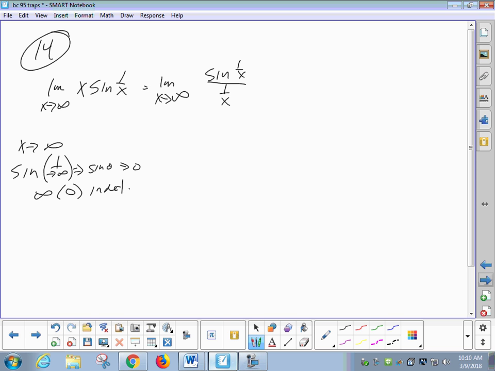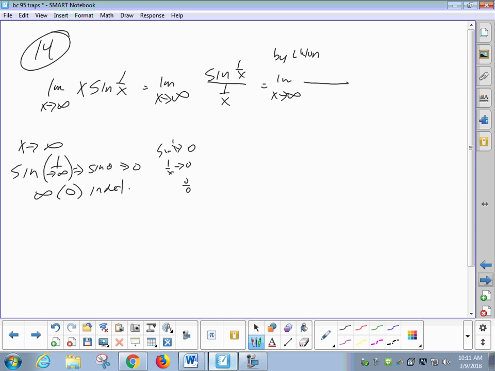Now that also is indeterminate, but it's a L'Hopital case. It's 0 over 0. Sine goes to 0, 1 over x goes to 0, so 0 over 0. So by L'Hopital, this limit is equivalent to, now here's where we're careful with our derivatives.